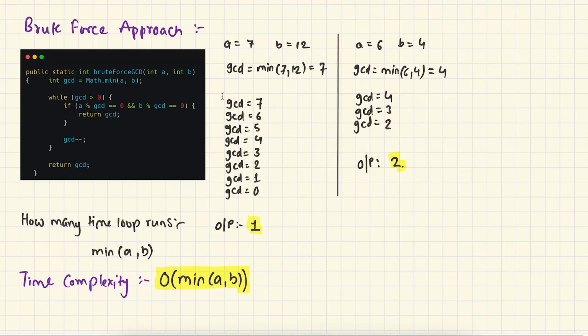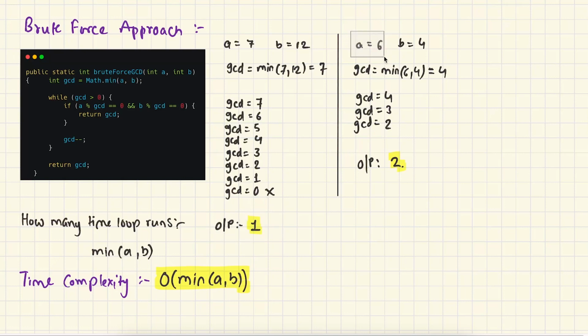So at first the value of GCD is 7. We decrement to 6, 5, 4, then 3, then 2, then 1 and then 0. So in all these cases we are not able to find any number that divides both 7 and 12. When GCD becomes 0, our condition becomes false, we come out of the loop and we simply return 1.